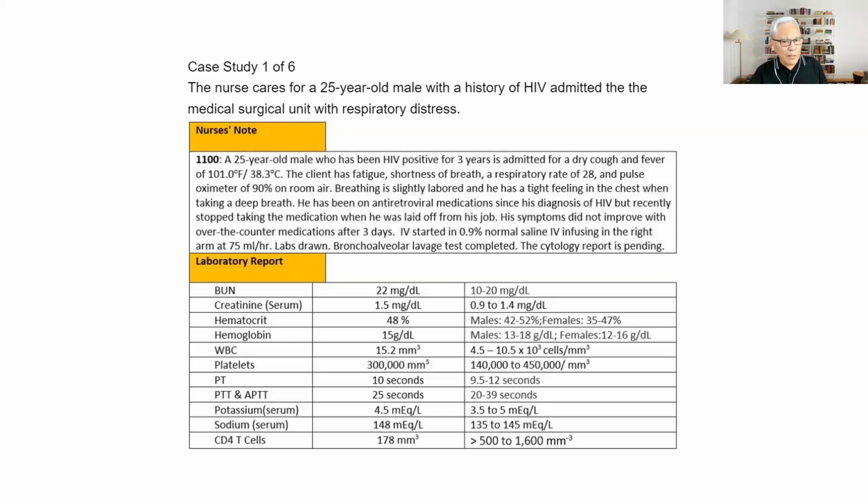Yeah, it's hard because you cannot see the lab report, so I'm going to show you again. Everything is normal except for the WBC, right? It's 15.2. And the CD4 count, 178. The sodium is elevated, but it's not a concern right now. I mean, it's negligible. So I think it's just the WBC and the CD4 count.